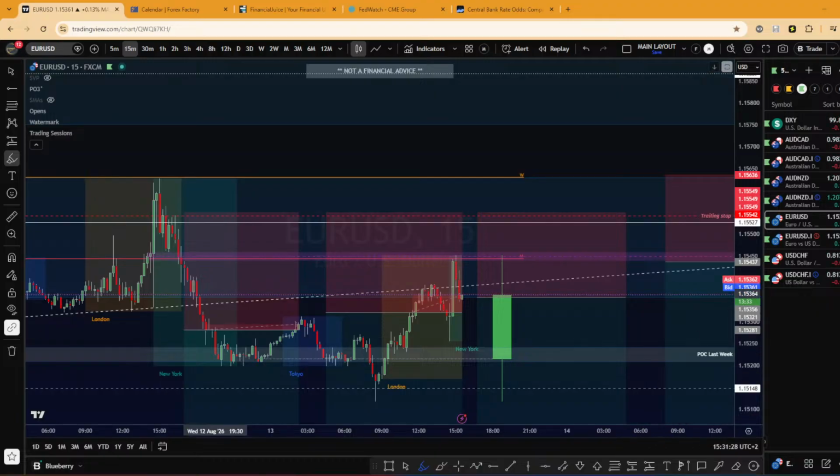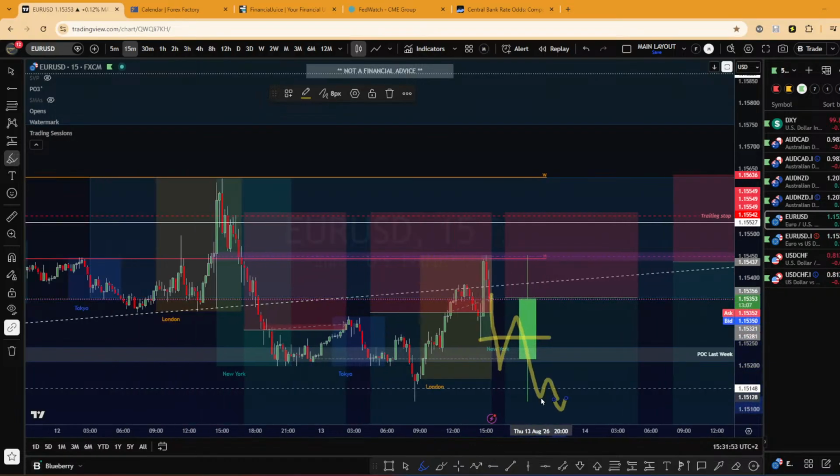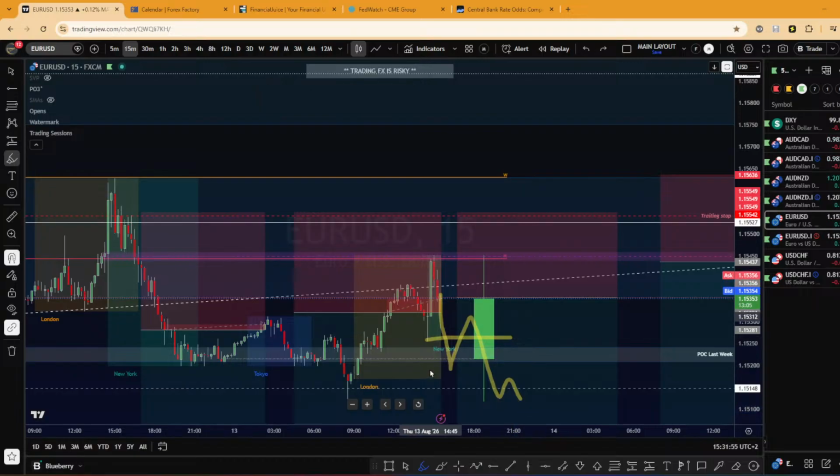I want to see maybe a break of this, and then I will be happy to hold this trade.